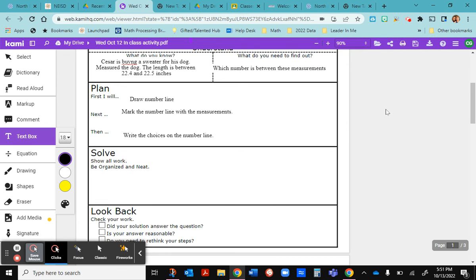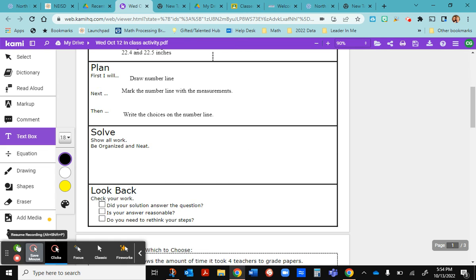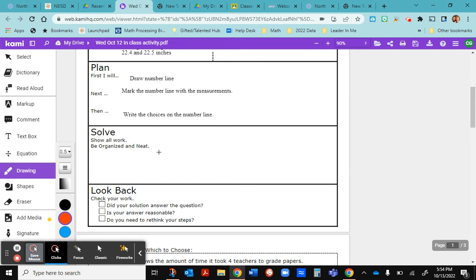All right, so let me wrap this up. Let's go ahead and draw that number line really quickly. So I'm going to draw this number line here. Okay, and now I'm going to mark this at 22 and 4/10. And then this other one, I'm going to switch the color because I really don't like that red.